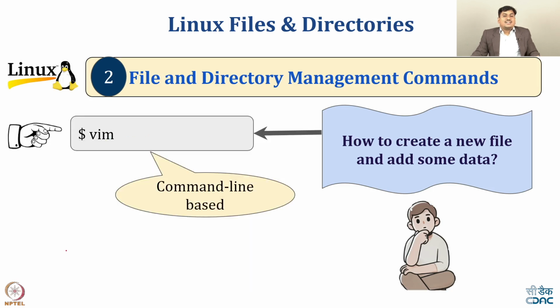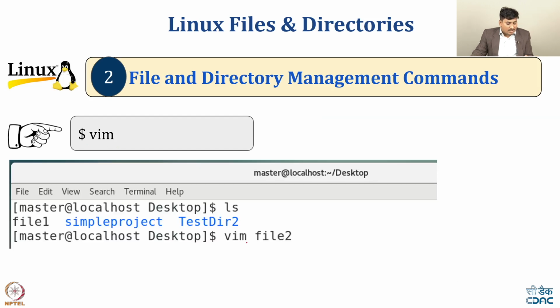So what exactly does the Vim tool do? When you use this utility to create a file, as soon as you fire this command, Vim, and give a specific name to the file, a file will be created with this name, and it will be opened in the same terminal to add data.